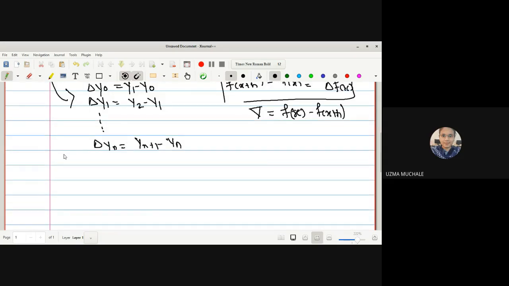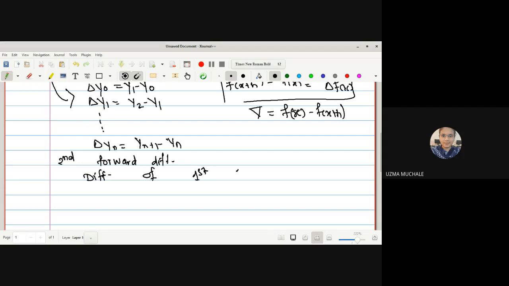Similarly, for the second forward difference formula, we can write it as the difference of first forward differences.